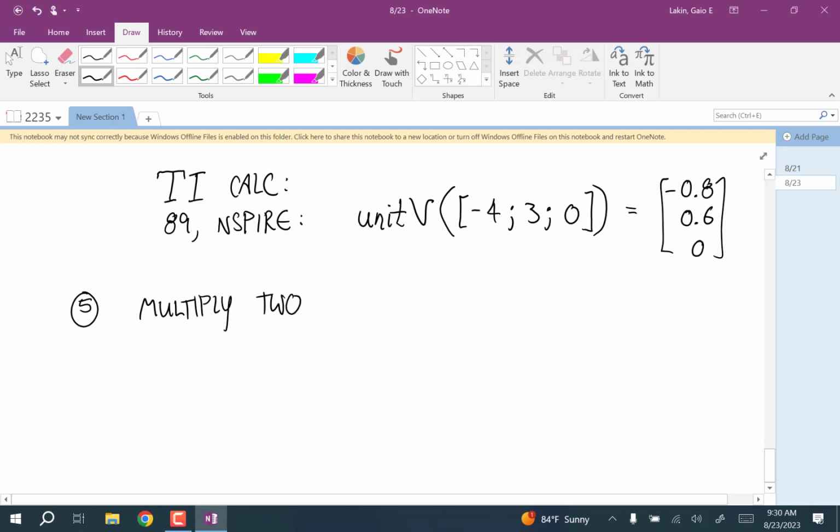Cross is going to be much more important to us than dot, but we'll use dot some too. So there are two ways: the dot product and the cross product.